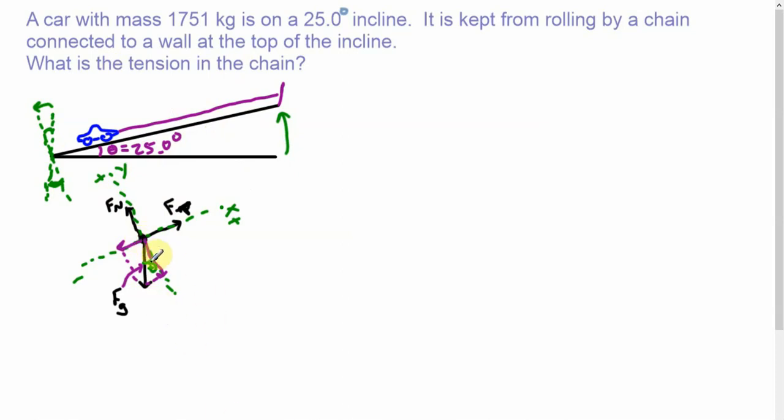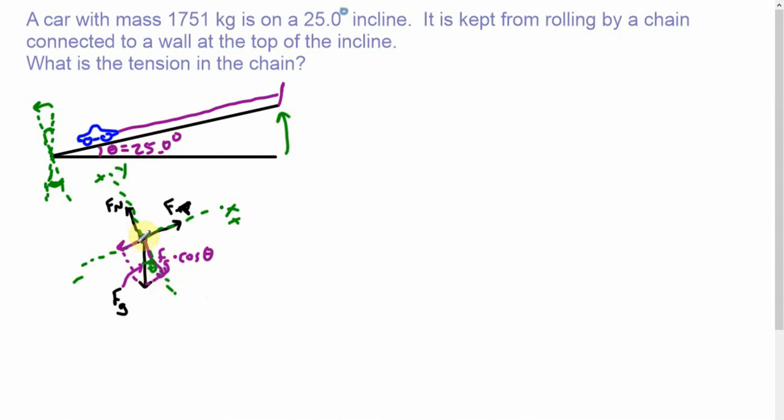Okay, so then I can see this guy right here is the adjacent side, right? So that is Fg times cosine theta, because cosine goes with adjacent. And this is my opposite side, so that's going to be Fg sine theta. But instead of writing it down here, I'll write it up on this guy, right?